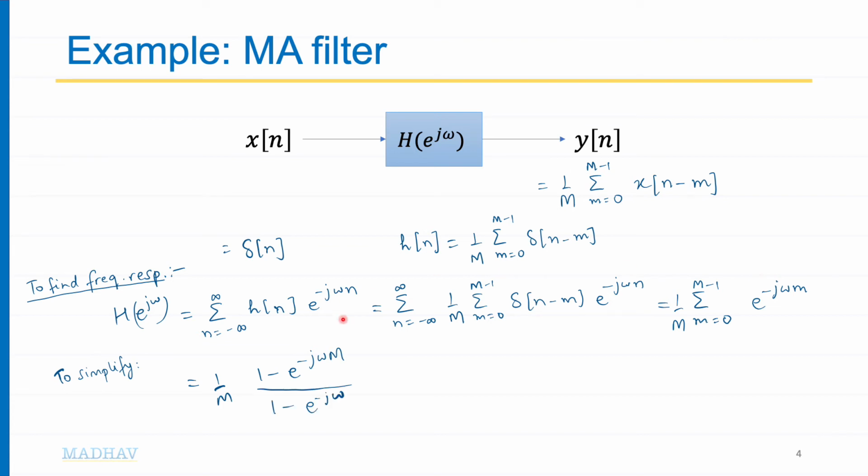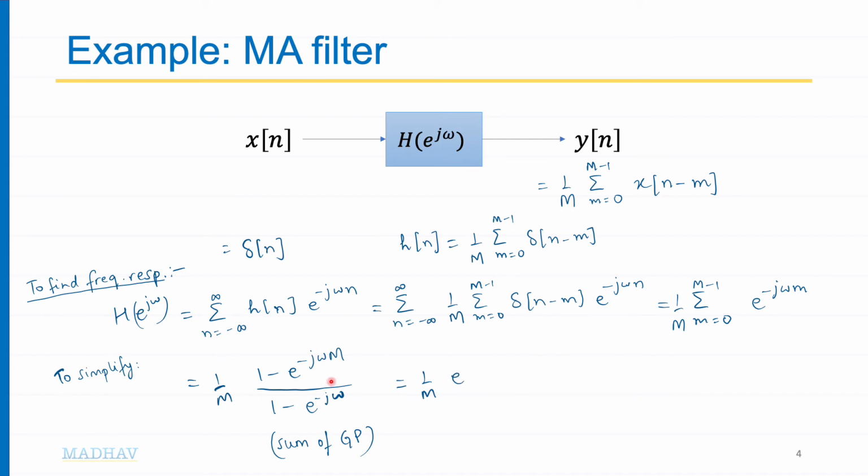It is 1 minus the common ratio to the power of the number of terms, divided by 1 minus the common ratio. That's it. This is simply the sum of a GP. Now we can simplify it even further. If I take out e to the power minus j omega M by 2 as common, this term will become e to the power j omega M by 2, and this is e to the power minus j omega M by 2.